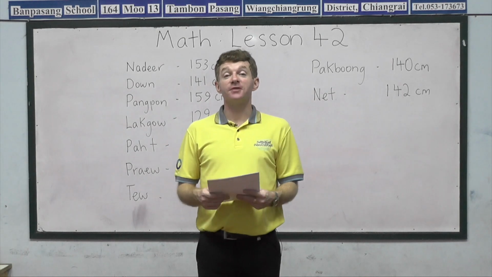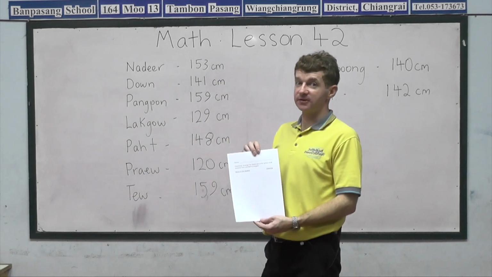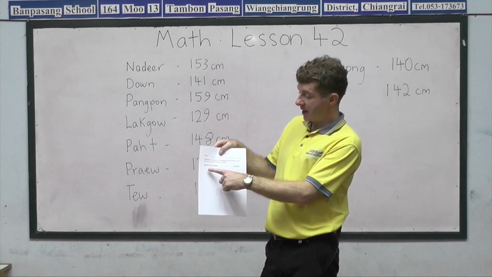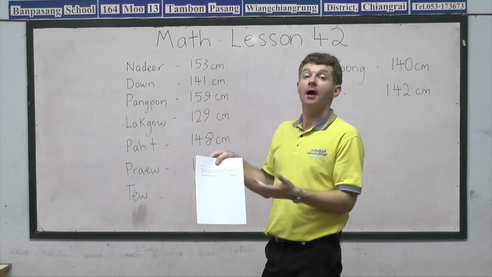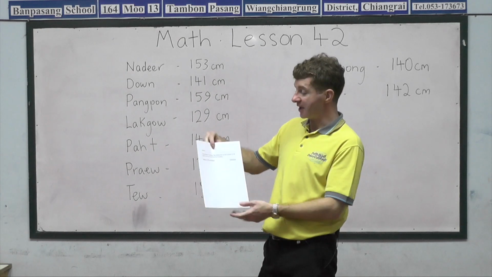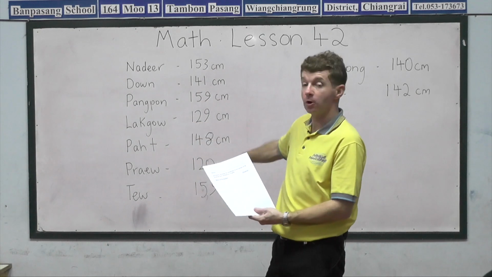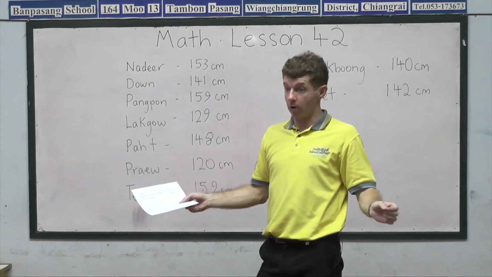And now it's time for the worksheet activity. And what the worksheet activity simply is a list of 2 columns. Name of the student and distance. What we need to do is we ask our students to arrange the distances of the jumps from shortest to longest.